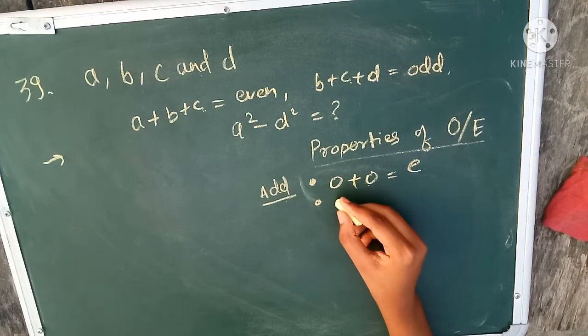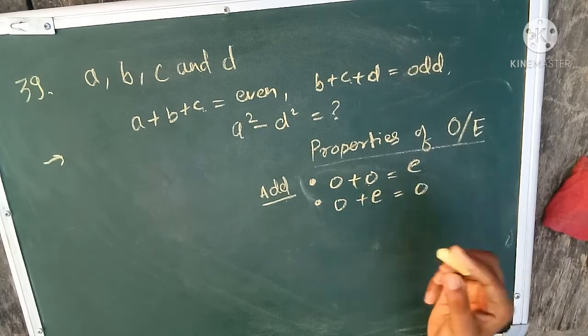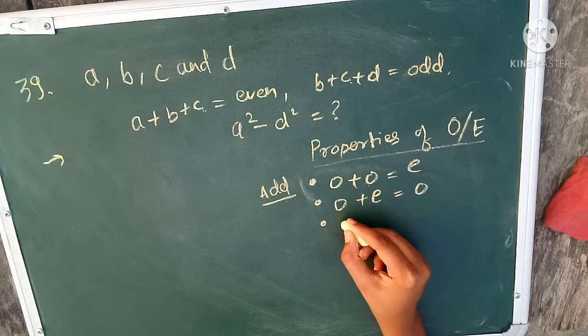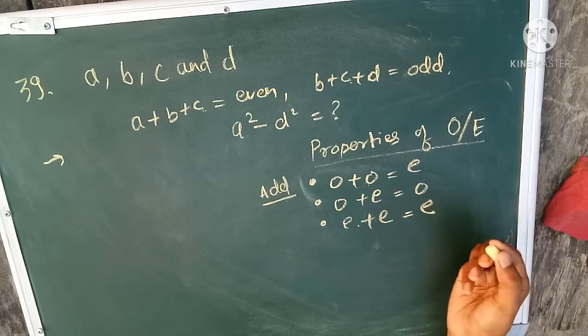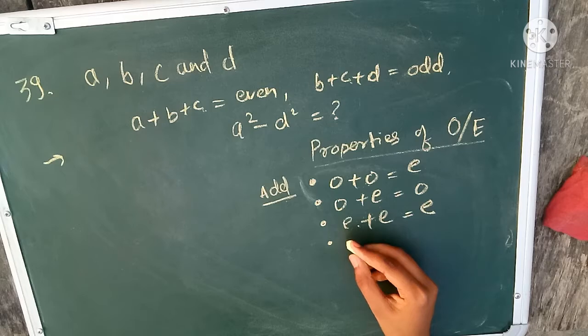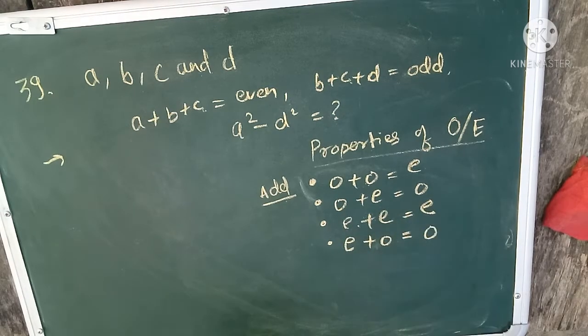If we add one odd plus one even, we get an odd number. If we add even plus even, we get even as a result. If we add even plus odd, we get odd as a result.